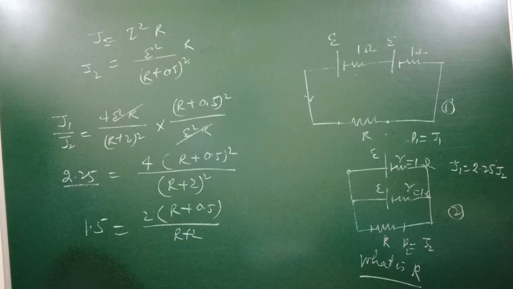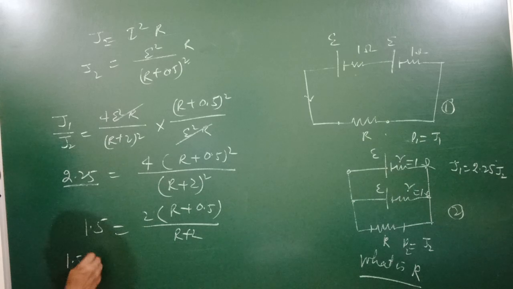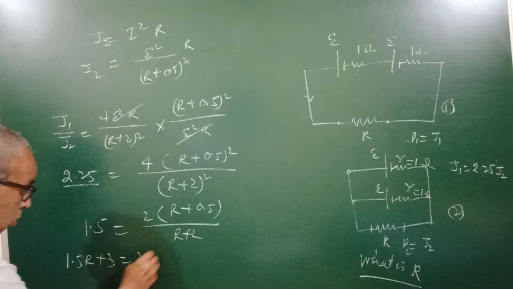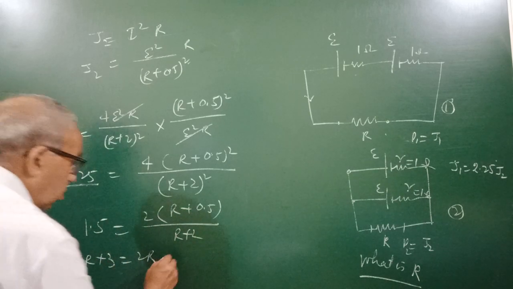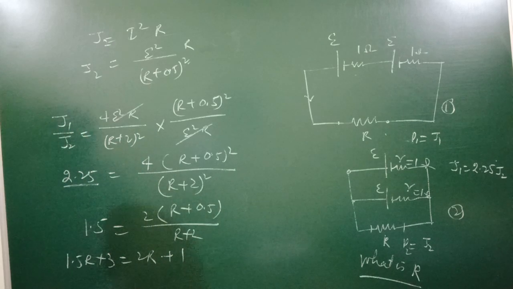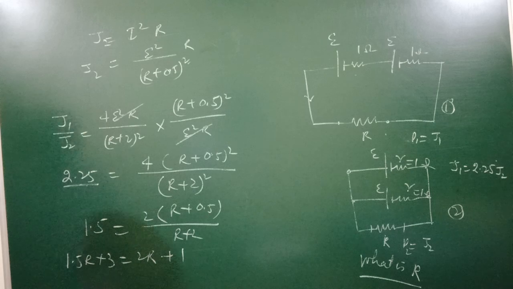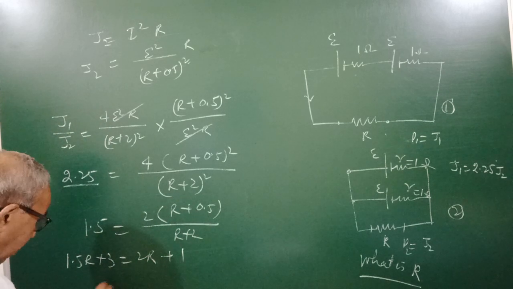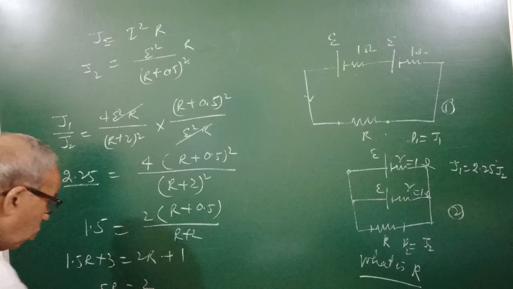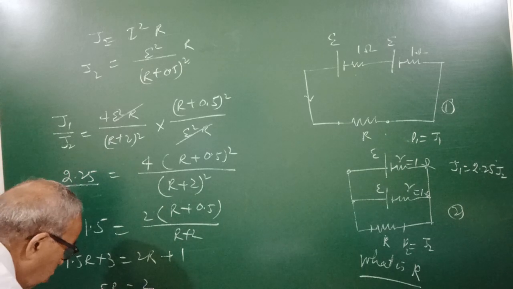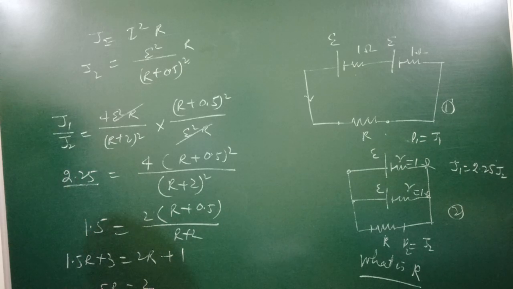And from here you can get R. 1.5 R plus 3 equal to 2 R plus 1. Or, what is this? 2 minus 1.5 R equal to 2. R equal to 4 ohm.